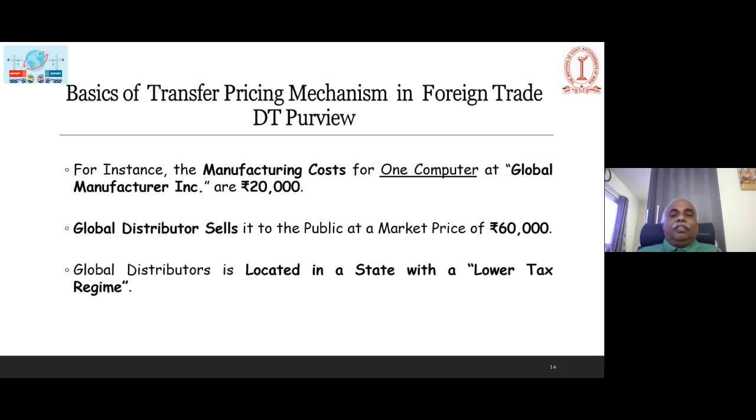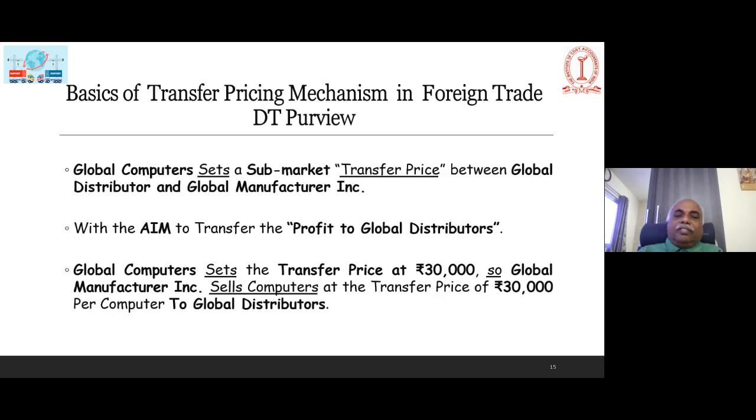Global Computers has started a sub-distributor, Global Distributors, in another country because that country has low tax, compared to Global Computers, situated in a country with high tax.